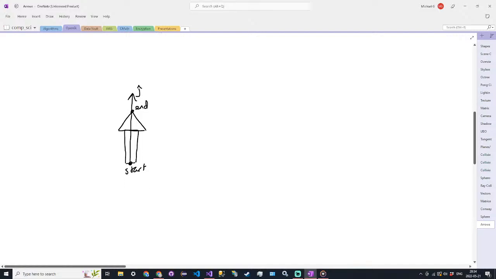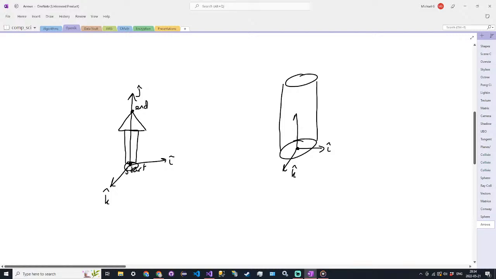This would be easy to represent. We would just have all of the points in the base of the cylinder be in the xz plane. This is j hat, this is i hat, and this is k hat. All of the points in the base of the cylinder, I'm just using a crude circle there, would essentially be on the base, so that's i hat, and this is k hat, and then it points up, so the cylinder extends in the y direction, or the j hat direction.